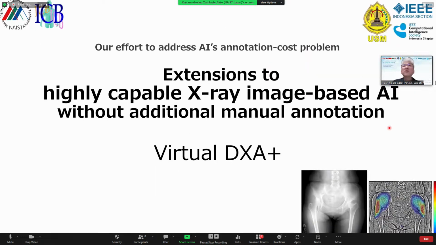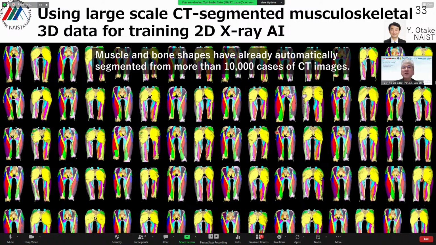So finally, I will talk about extensions to highly capable X-ray image-based AI without additional manual annotation. Now it is possible to generate a lot of muscle and bone segmentation results. My colleague, Professor Otake, has already segmented more than 10,000 cases of CT images.